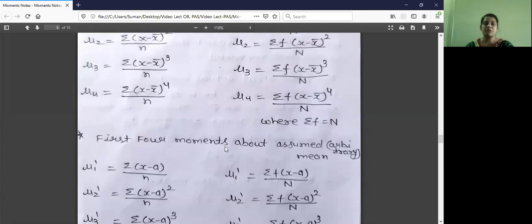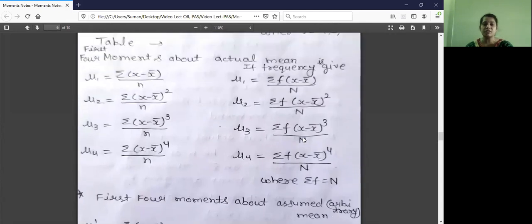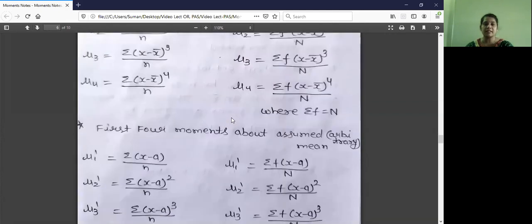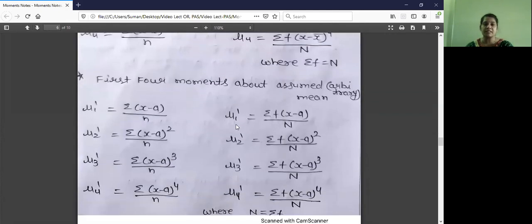Next are the first four moments about assumed mean or arbitrary value. Don't be confused; if you remember these logically, these formulas are very easy. So according to our assumed mean, mu1 dash, got it? Mu1 dash is equal to summation x minus a, where a is our assumed mean, divided by number of terms, because we are not given the frequency.